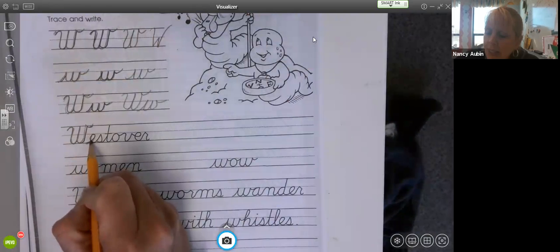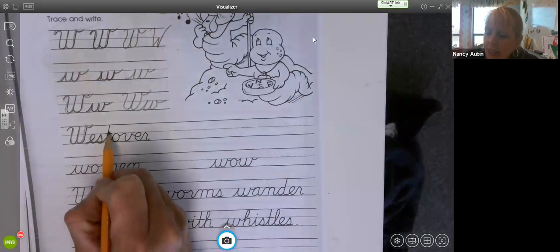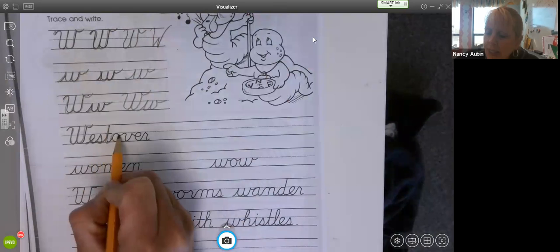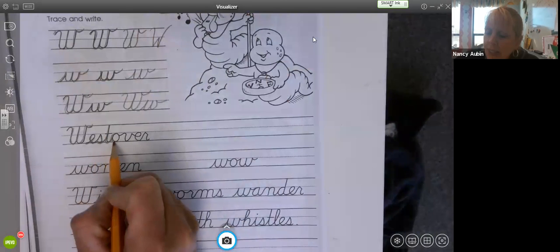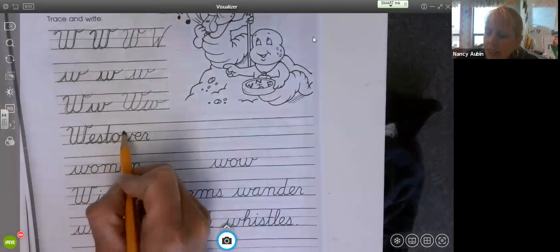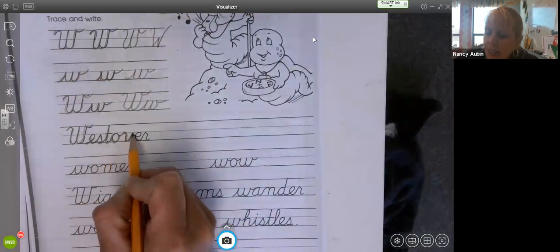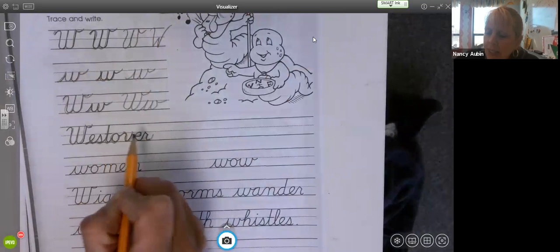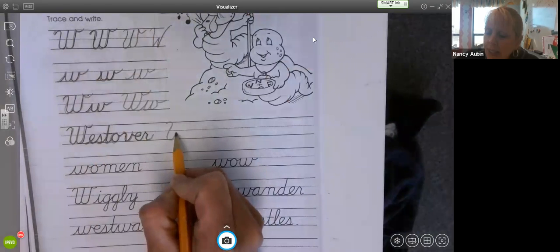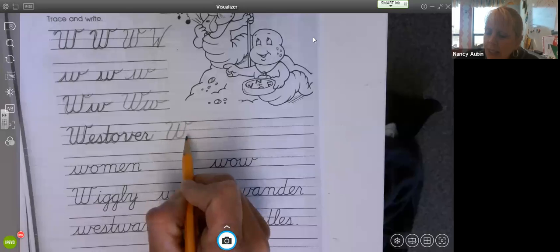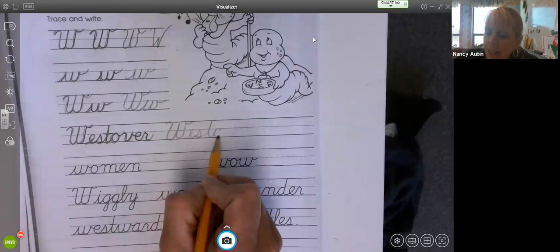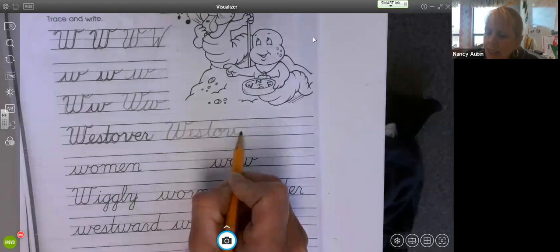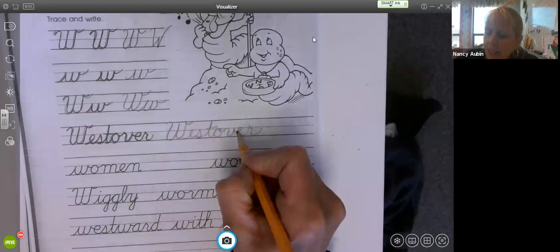There's your loop letter E, up down letter S, up down letter T, 2 o'clock letter O. So you're going to retrace, come back, make that swinging bridge in the air, hump letter V. Swinging bridge, loop letter E, up down letter R, cross your T. Westover. And you're going to just do the same thing, so that you know that's a V.